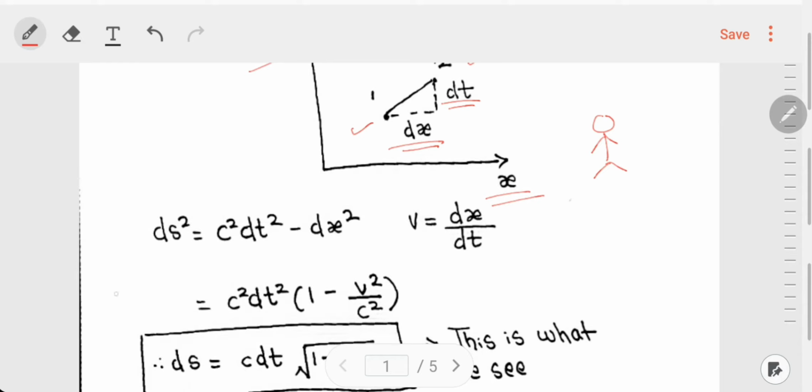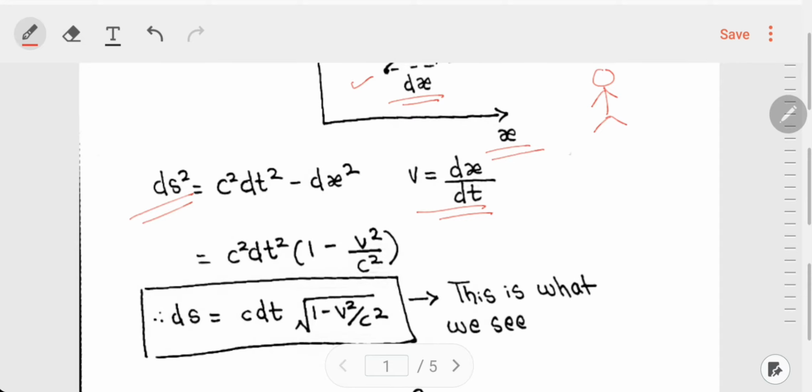As in the last lecture, we defined a quantity, that is space-time interval. Here we define it in the same way. Therefore, from our figure we have that ds square is equal to c square dt square minus dx square, and here we consider that the particle is moving with velocity v along the x direction.